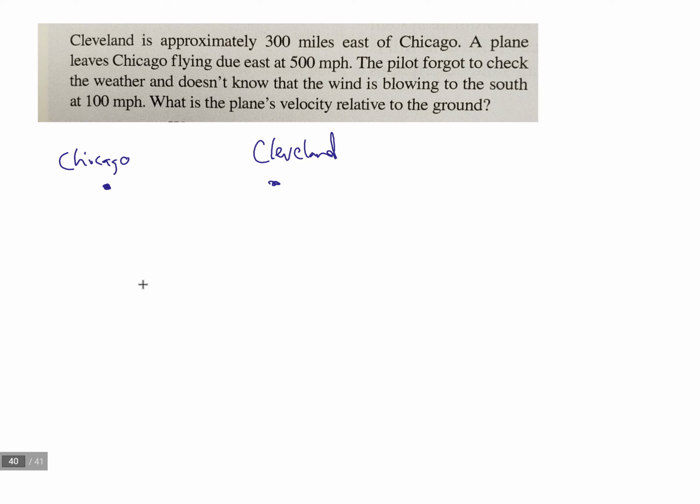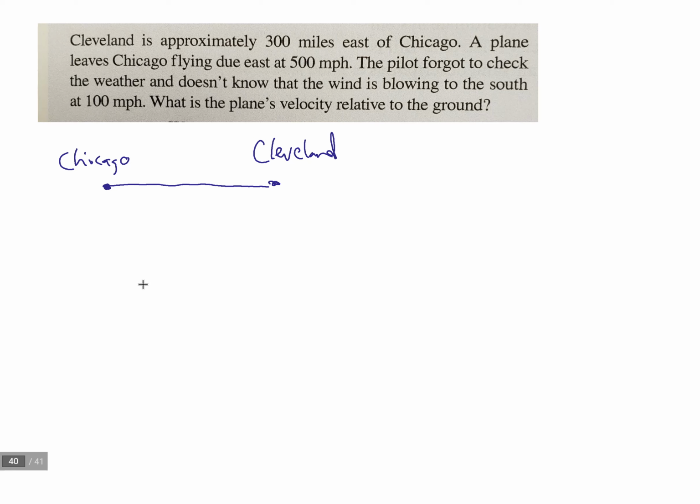The pilot forgot to check the weather and doesn't know that the wind is blowing to the south at 100 miles per hour. What's the plane's velocity relative to the ground? Okay, so we want to be flying this way, directly to Cleveland. Due east at 500 miles per hour is our intention.